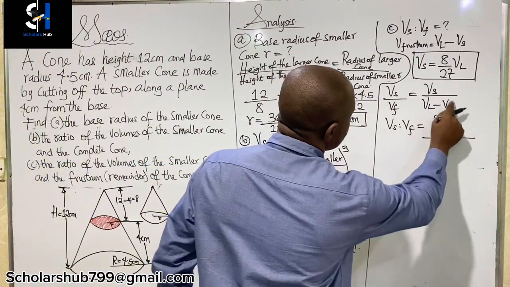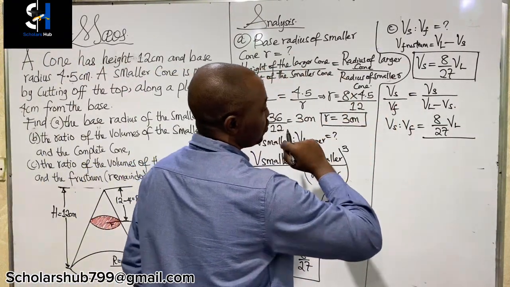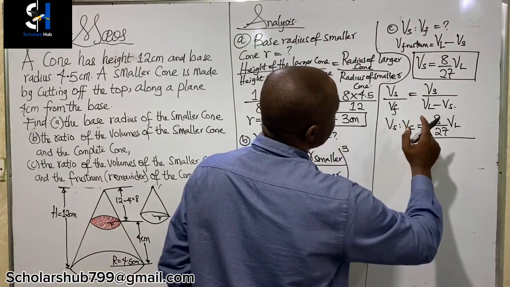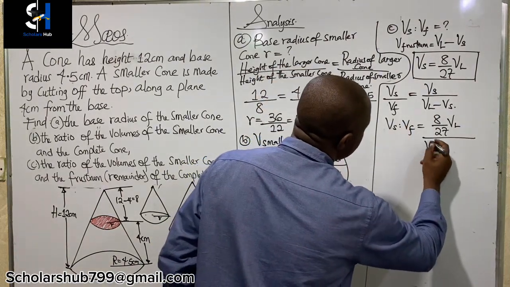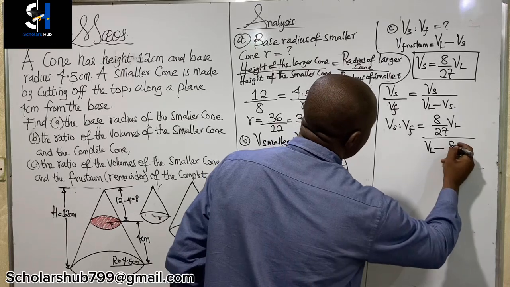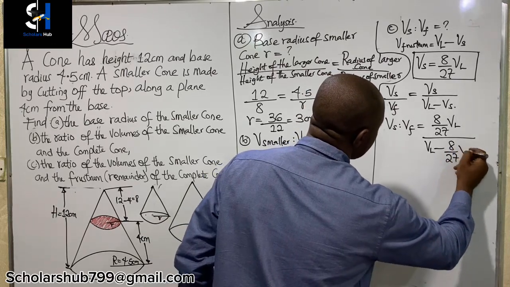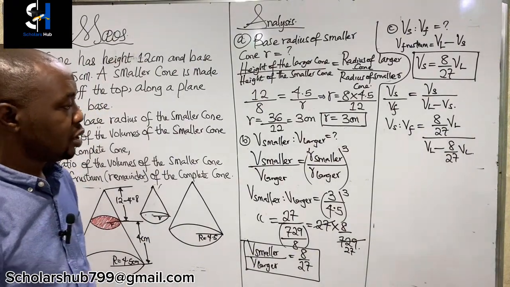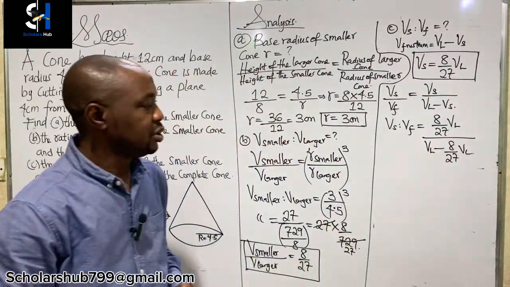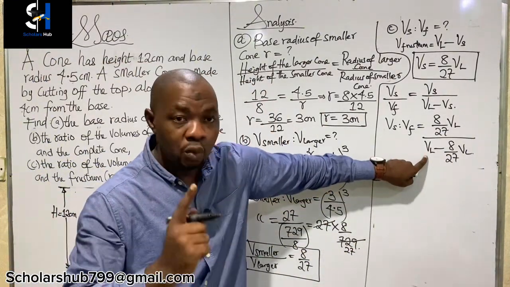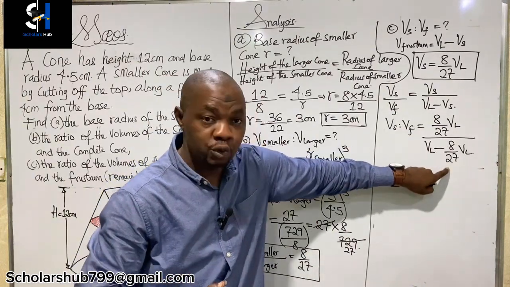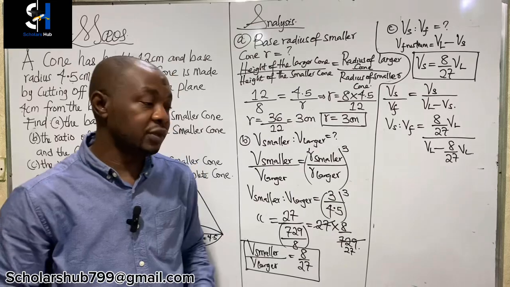Then we have the volume of the frustum, which will be the volume of the larger cone minus 8 over 27 multiplied by the volume of the larger cone. We can simplify this. It is just like having one volume of the larger cone minus 8 out of 27 times the volume of the larger cone.